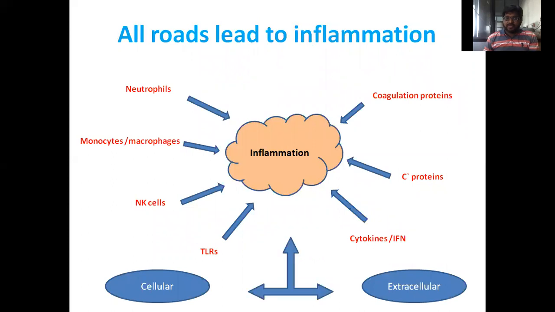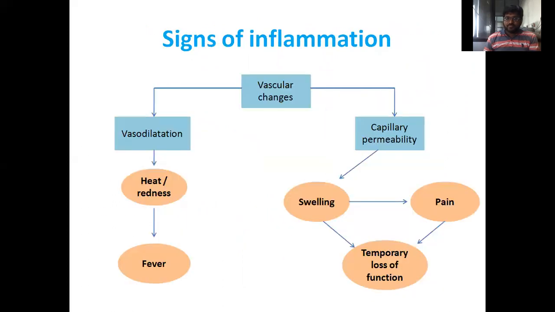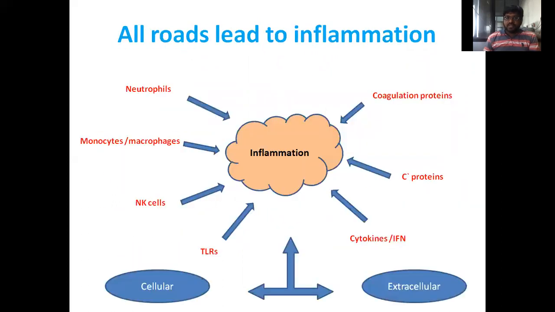Here you can see neutrophils, monocytes, natural killer cells, and TLRs are known as the cellular part. They are also responsible for the inflammation. On the other side, extracellular components like cytokines, interferons, C proteins, and coagulation proteins are also responsible for the inflammation.